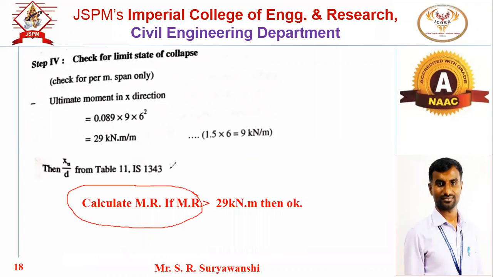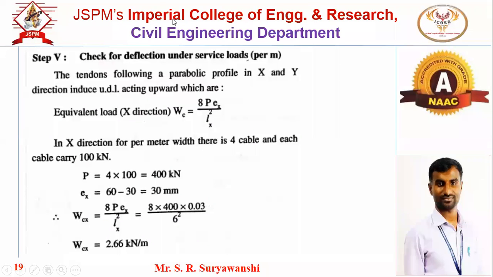It should be greater than the ultimate moment generated. If it is not, then you have to revise the section, revise the dimensions. This is step number 4, check for the collapse. Then next, check for the deflection.